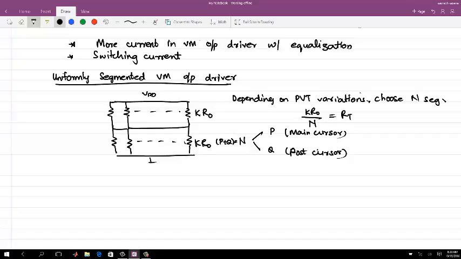Okay. So in this particular case, let's say I choose P and Q. So what is the design schematic? You have all these controlled by, let's say, Dn, and these are P in number.